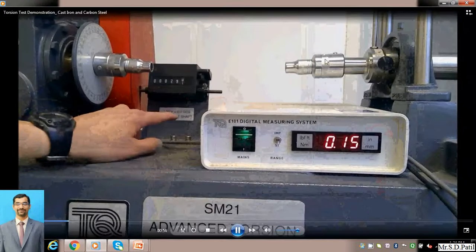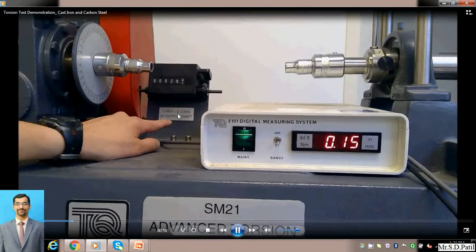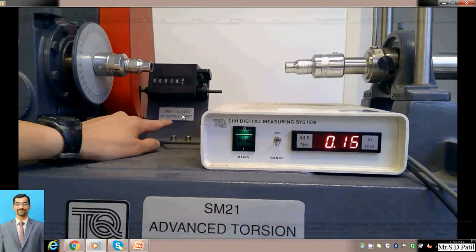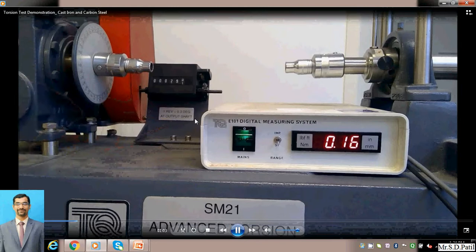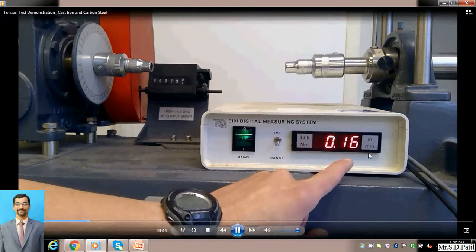First of all, one revolution here indicates 0.3 degree on the output shaft. So one revolution in this phase gives a reading of 0.3 degree, and here we can get the torque in Newton meter.